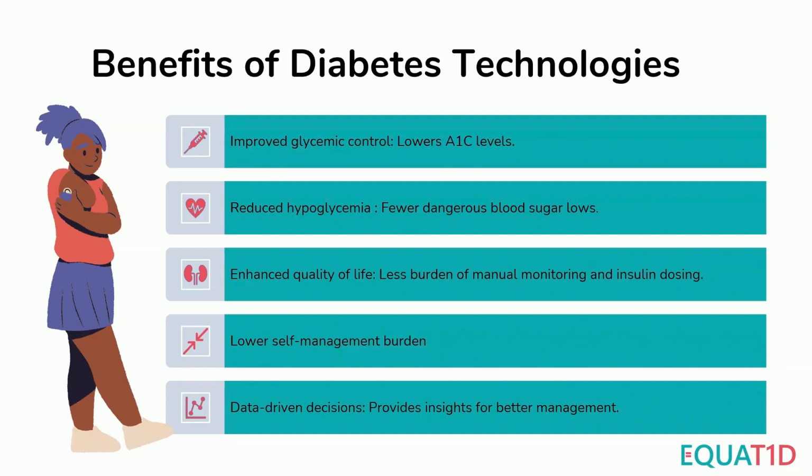So people using diabetes technologies have reduced burden and feel that these systems enhance quality of life. And then finally, they provide additional data, both for the person living with type 1 diabetes as well as for the healthcare team that can help inform decisions and lead to more precise and more accurate decisions regarding insulin dosing.